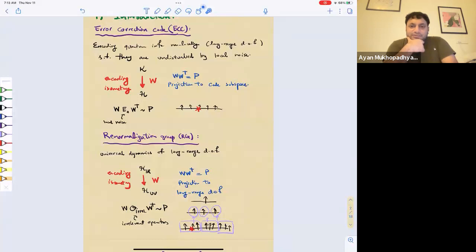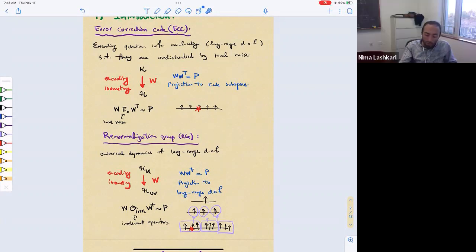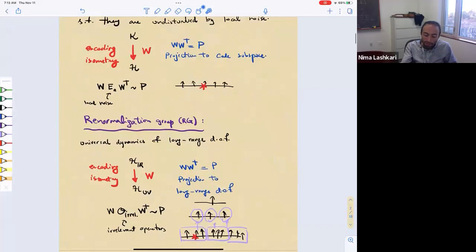The fact that it is invertible requires that it's not exactly the projection, no? No, actually, that's not an issue. If it's exactly the projection, it means that you have an exact error correction code, right? So when it's approximately a projection, it means it's an approximate error correction code. Well, we'll go through this actually. If I don't answer your question, please ask me.